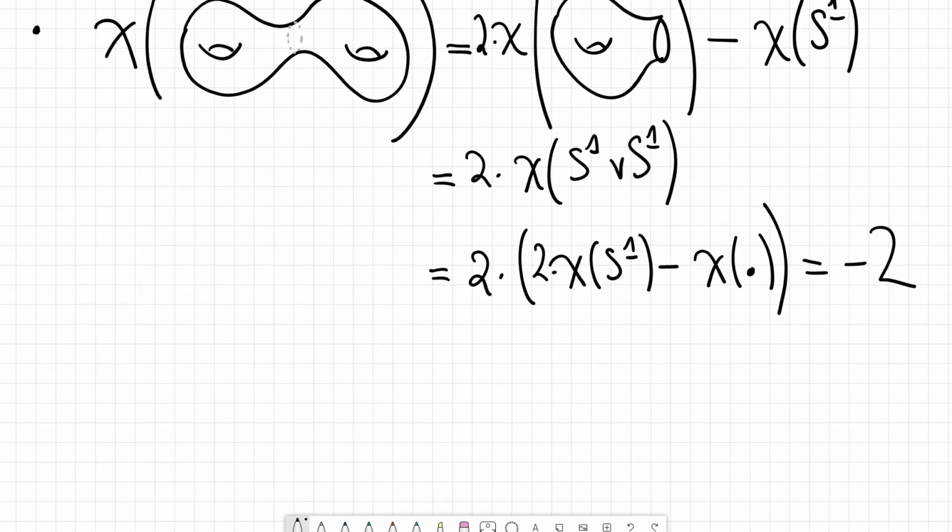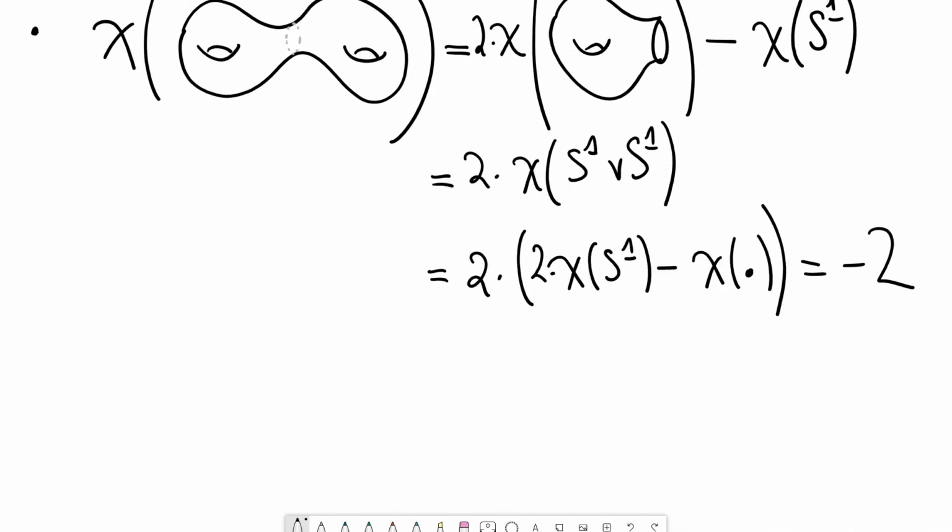In general, without the additivity formula, just from the CW structure that we discussed on surfaces of arbitrary genus, we have the following. So let me draw this picture.